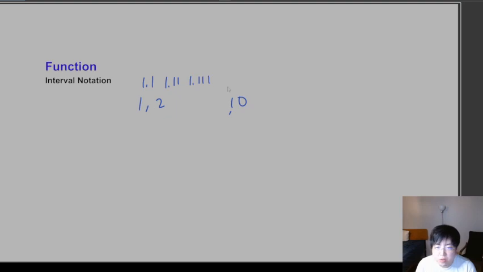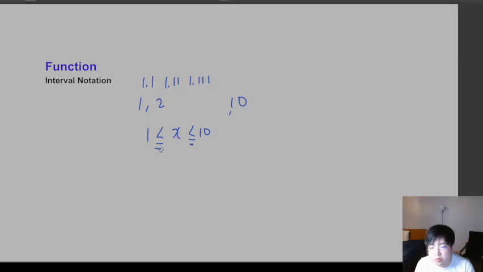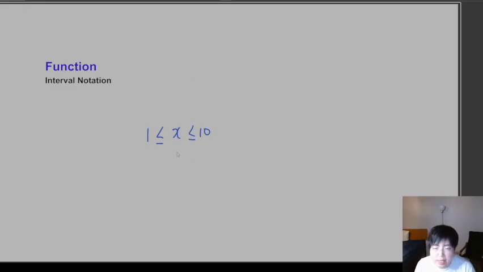To include all those numbers between 1 and 10 inclusive, one notation you can use is x is between 1 and 10, including them. That's greater than or equal to and less than or equal to, which means we include those numbers as well. Another way to show this inequality is the interval of x: we can use a square bracket and put 1 and 10.